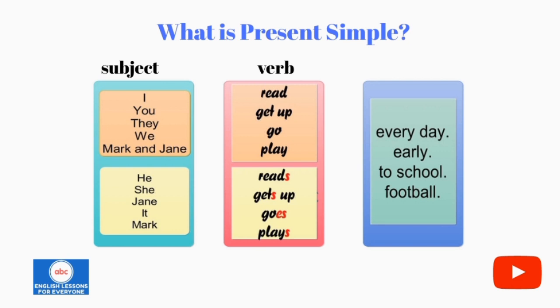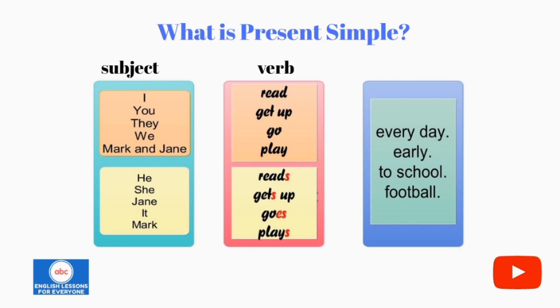For the first and second person, we don't need to use the s. We just use the base form of the verb and that's it. For example: I read every day, you get up early, they go to school, we play football, Mark and Jane play football.